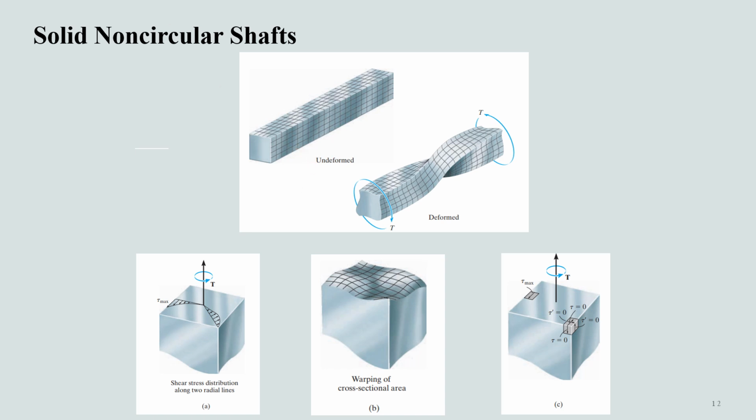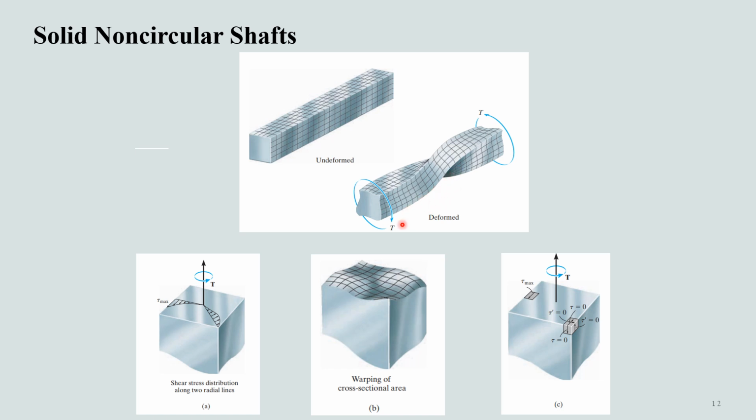Shafts that have a non-circular cross-section are not axisymmetric, so their cross-sections will bulge or warp when the shaft is twisted. If we take a look here at the grid lines, we can notice that the grid lines deform on a shaft having a square cross-section when the shaft is twisted.